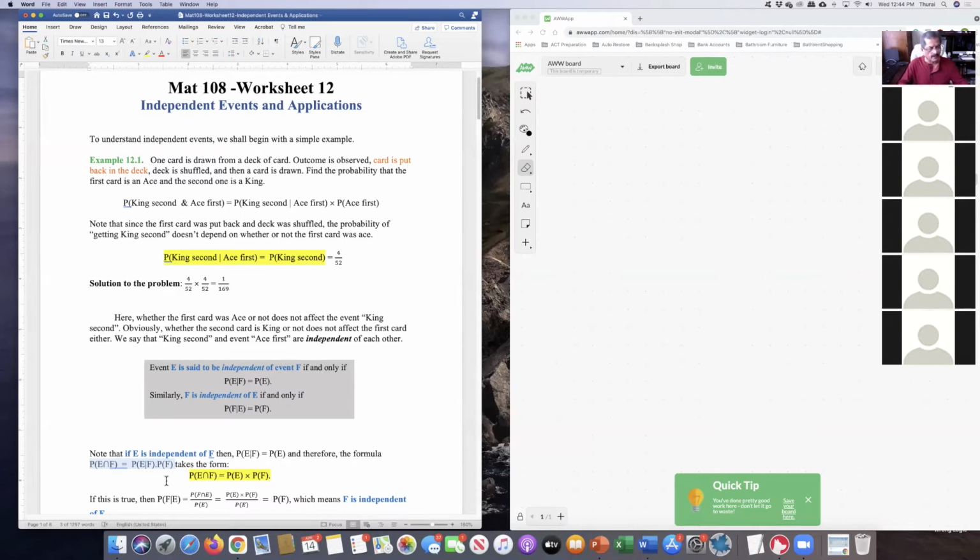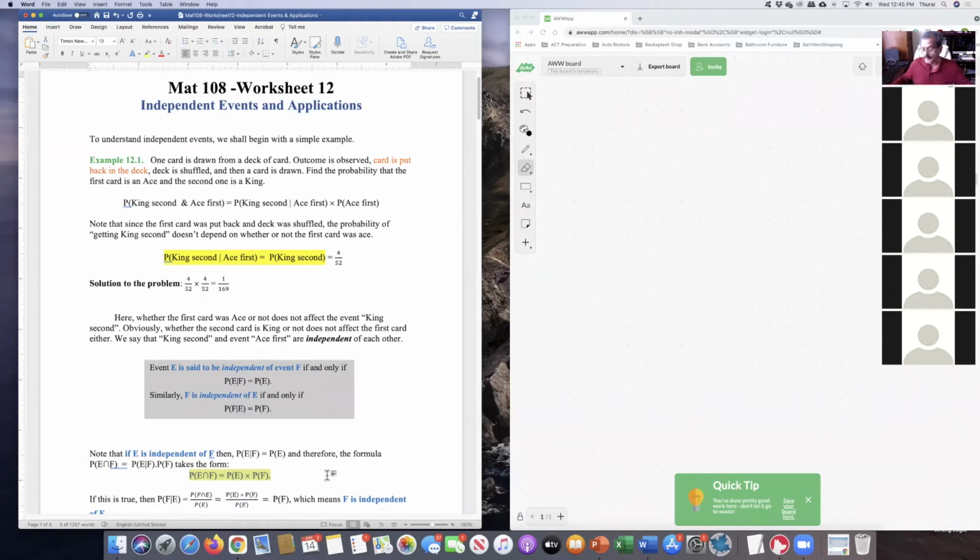It's one important rule in conditional probability. Now look at this formula. What happens if E is independent of F? Then the probability of E given F is the same as the probability of E. So this formula takes this form: the probability of E intersection F equals the probability of E times the probability of F. That happens if E is independent of F.